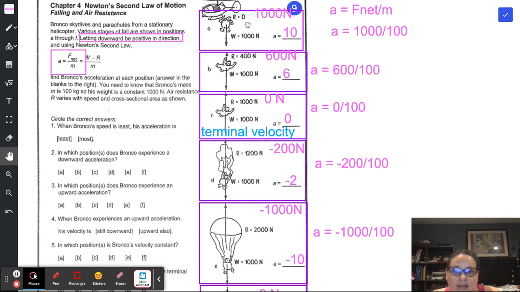As he's falling, his air resistance is the result of his velocity and his surface area. So he goes from 0 to 400 to 1,000, and there's some speed that he's falling at. But if he were heavier, he would still be speeding up because the net force wouldn't be 0 yet. The air resistance and velocity at this moment would be the same, but his weight would be greater. Therefore, he would still be accelerating.